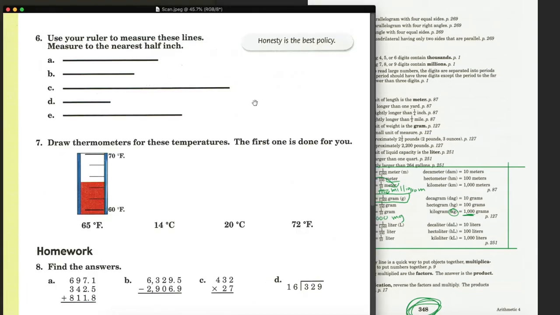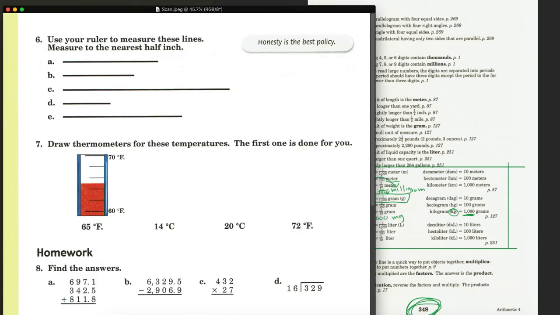Next one. Use a ruler to measure these lines. Measure to the nearest ½ inch. Really important that you measure to the nearest ½ inch.